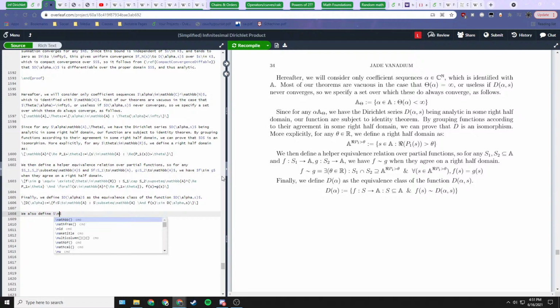We also define this class, math tau d, as being the image of D a sub theta.